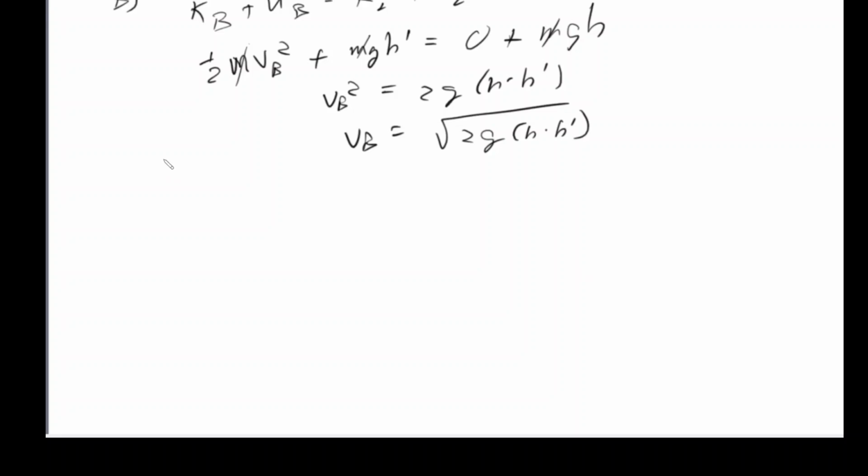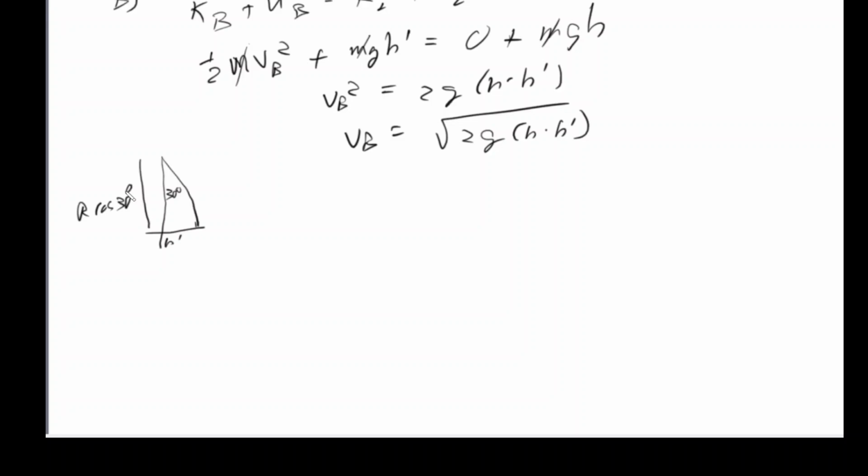Well, in this case, this is 30 degrees. This is h prime. And this is r cosine 30 degrees because the angle is 30 degrees.